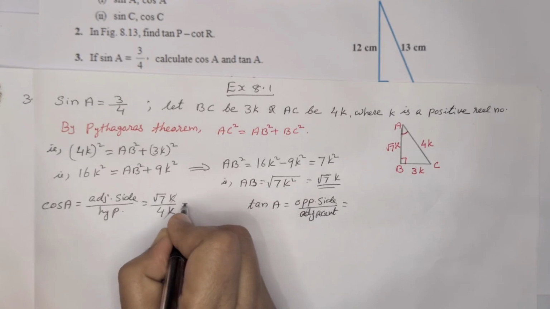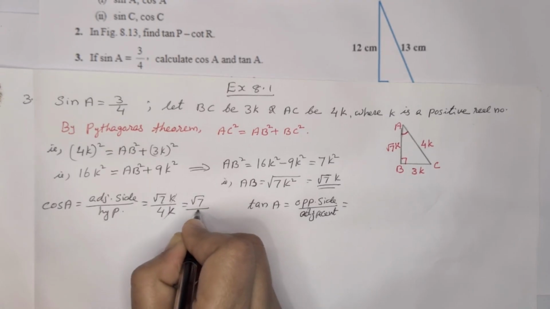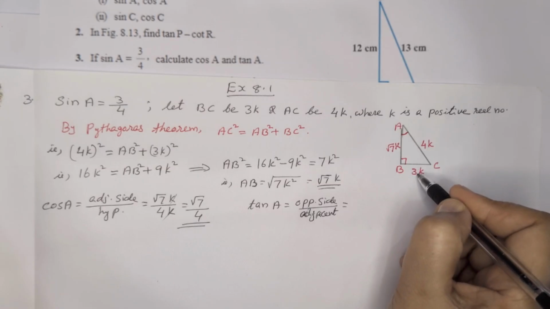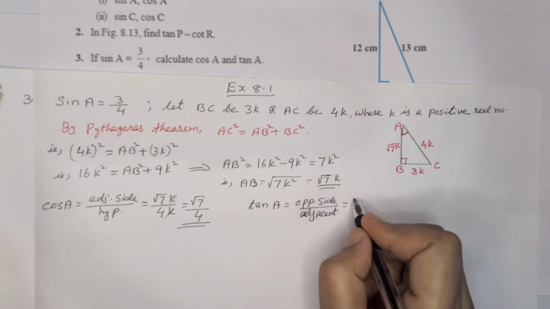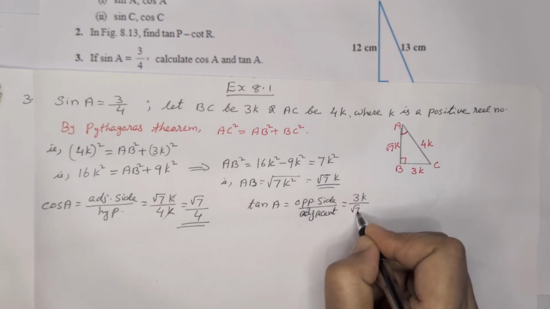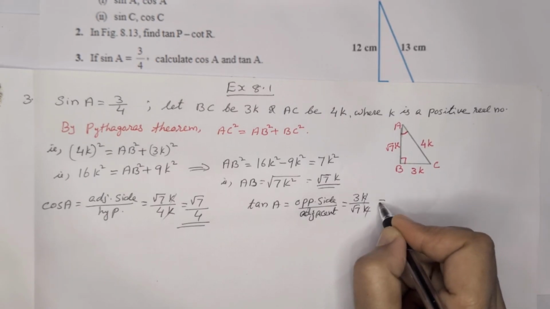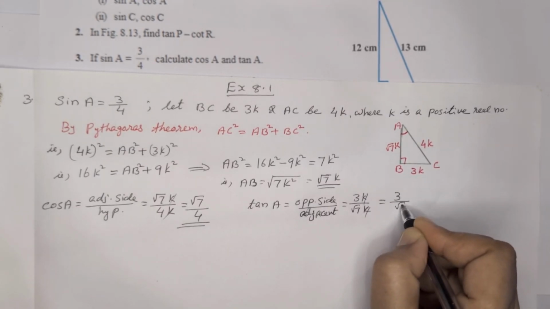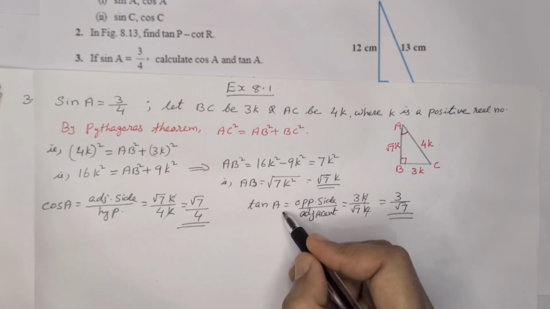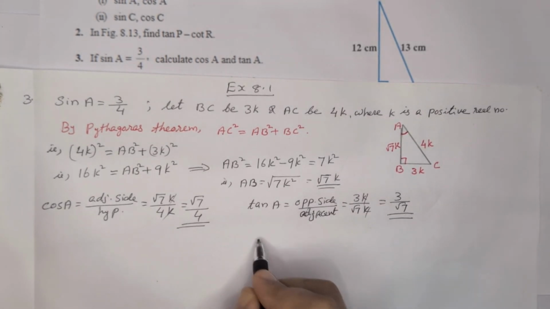K will cancel, so root 7 by 4. Tan A means opposite side by adjacent side. 3K by root 7K. K will cancel, 3 by root 7. So cos A is root 7 by 4. Tan A is 3 by root 7.